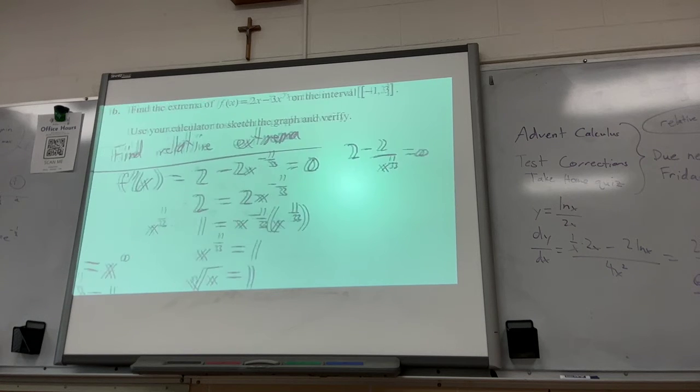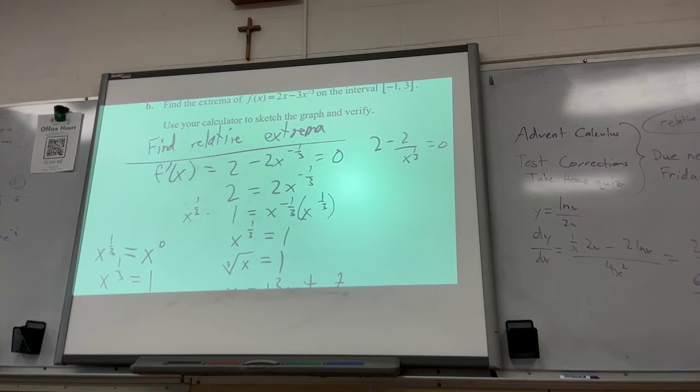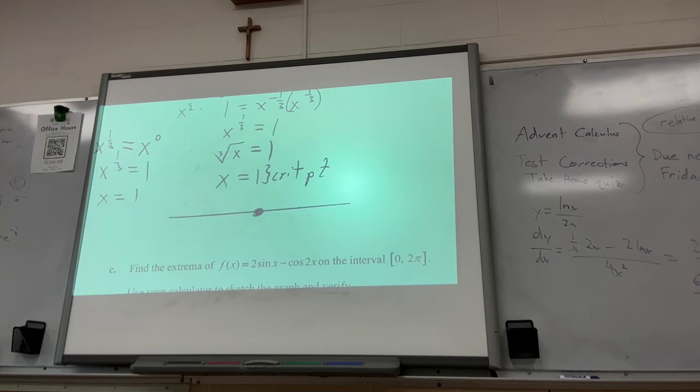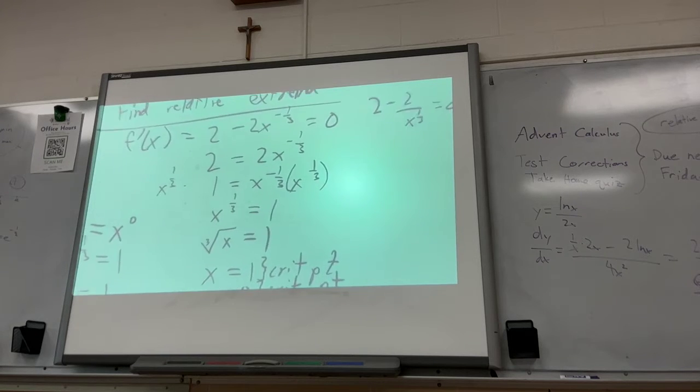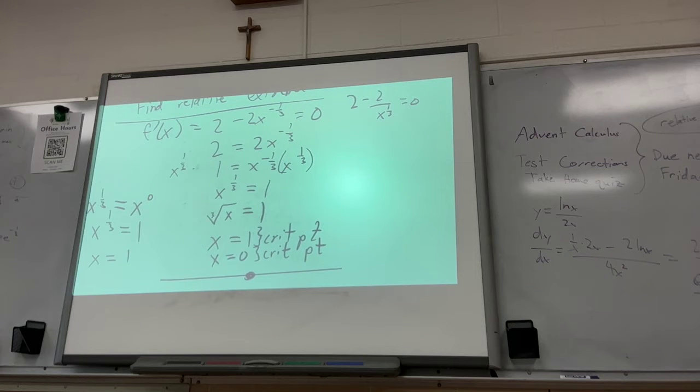You can't, this is a negative exponent, we can't have a 0 in the denominator. Yeah, I kind of bounced around. Sorry about that. I'm making a sign chart, and on the sign chart I'm putting all the critical points of f, which is all the points where f prime is either 0 or undefined. So x equals 1 here is the point at which f prime is equal to 0.